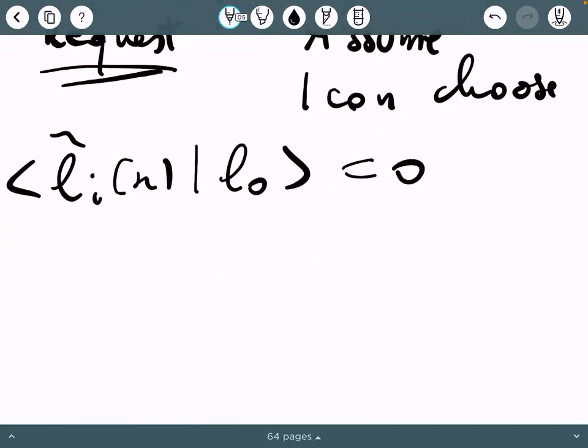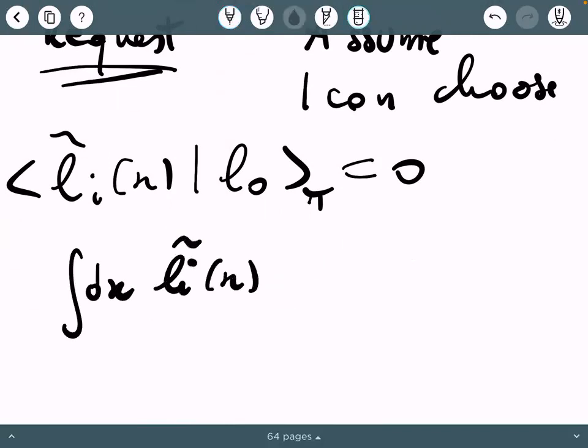And this is actually trivial. It looks like a very abstract request, but if I write this quite clearly, this means I do this.